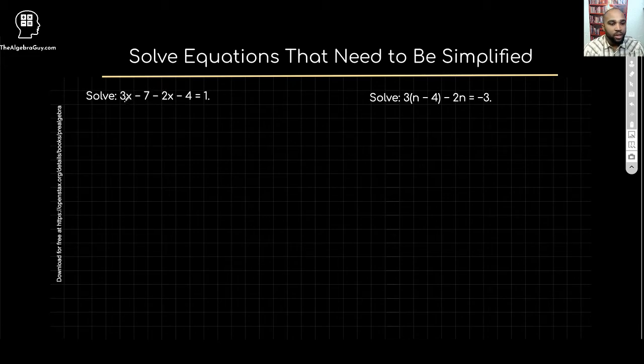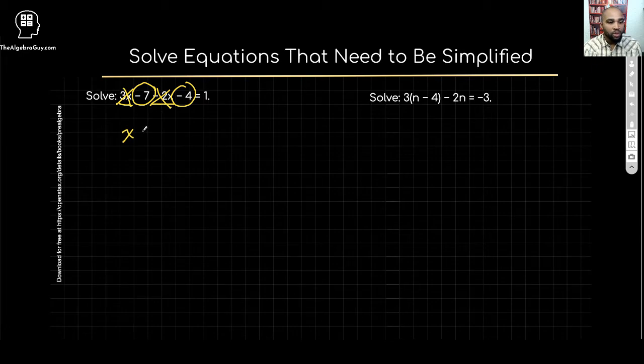So first thing I can do here is combine like terms. I notice I have a -2x and a 3x. Well, what's 3 minus 2? That just gives me x. I like to cross these out so I don't get confused. And notice I did keep that minus with that 2x because that is the same thing as a -2x. Also notice I have two like terms here: negative 7 and negative 4, which is the same thing as negative 7 plus negative 4.